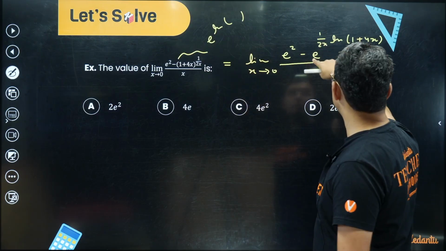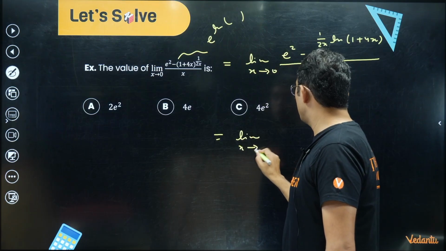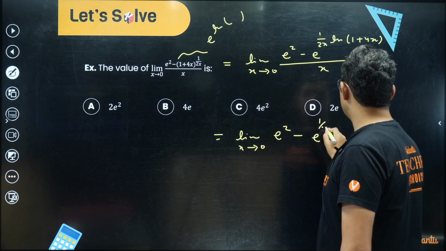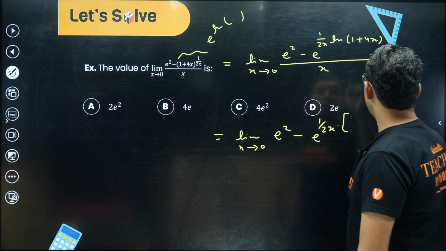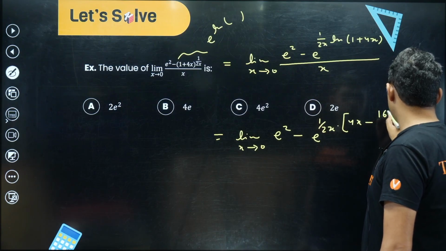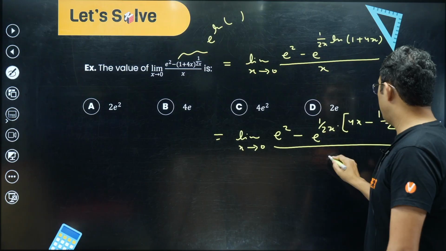So 1 upon 2x will come this side, so we can write that way. So limit x tending to 0 of e square minus e raised to the power 1 upon 2x into, for ln of 1 plus 4x it will be 4x minus (4x) whole square upon 2. I think that much will be sufficient, whole divided by x.